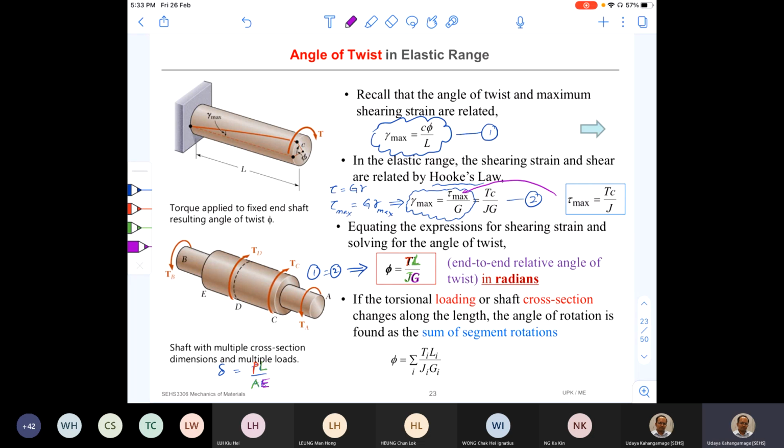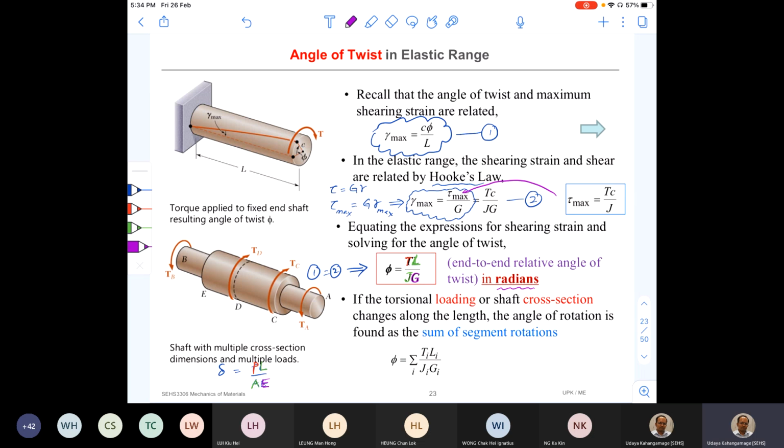The cross-sectional details come into the equation as A, cross-section, in the delta equation, and here in the angle of twist calculation, it is the polar moment of inertia. And the material property comes using the Young's modulus and the shear modulus. So they are very similar. And here another important thing: this equation phi is equal to TL over JG provides us the angle of twist in radians.